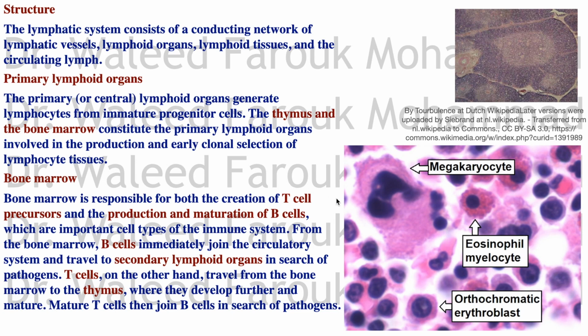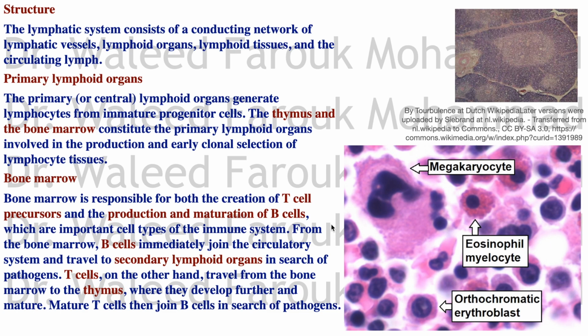The bone marrow, as you can see here, this is a picture of the bone marrow, is responsible for creation of T cell precursors or progenitor cells and production and maturation of the B cells. So it's responsible for production of both B cells and T cells.